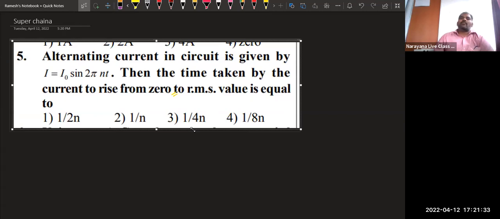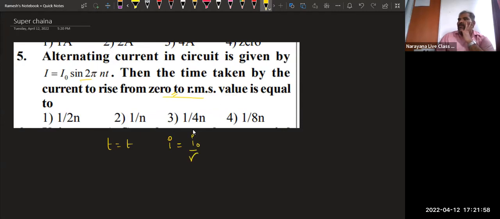I will also guide you. The alternating current in the circuit is given, and you have to find the time taken to rise from 0 to the RMS value. What is the RMS value? Let's say after t seconds, what is the current? The RMS value is I naught by root 2. So substitute this value here.